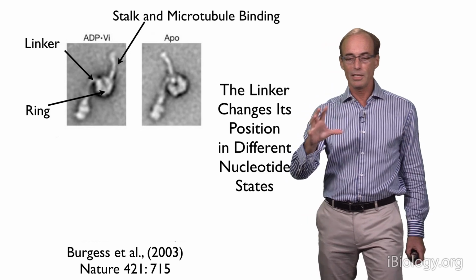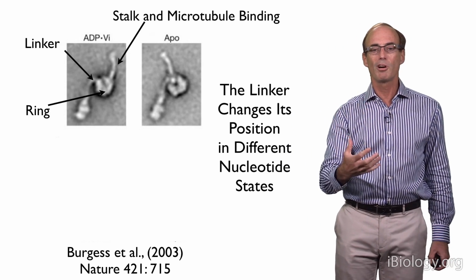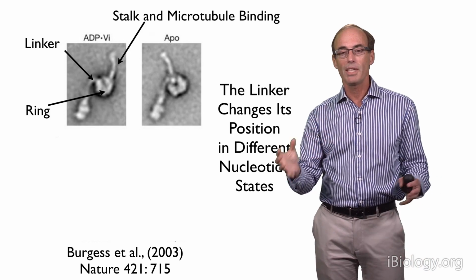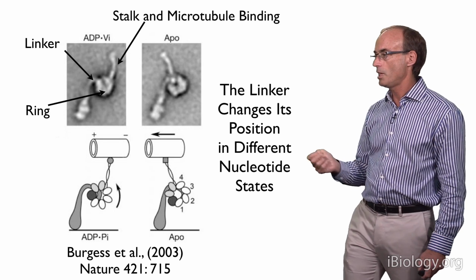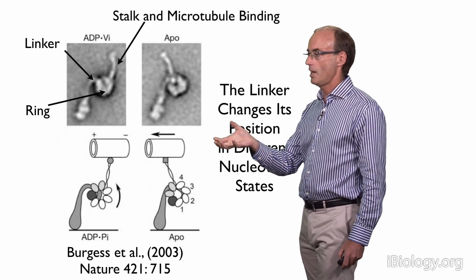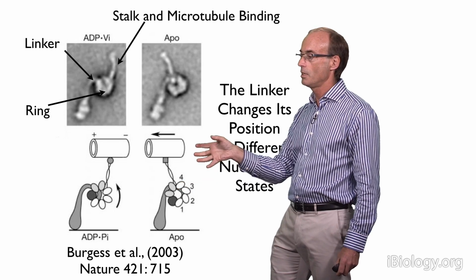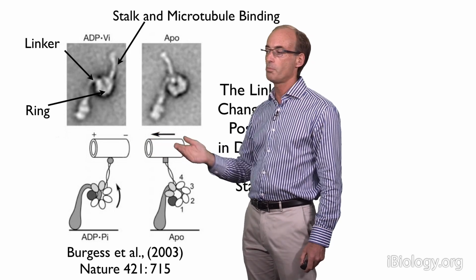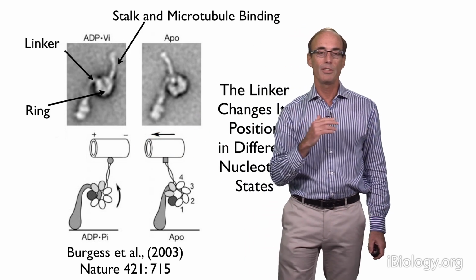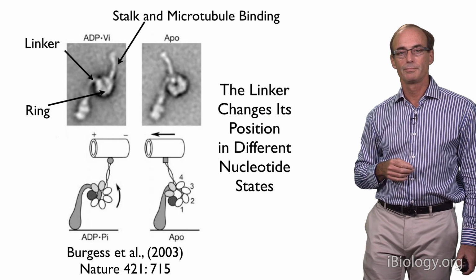And they thought that this motion of the linker may act kind of like a lever arm or a mechanical element similar to the lever arm of myosin. So what they proposed is that the motion of the linker relative to the ring might be able to generate a force upon a microtubule that would cause it to slide. And I'll come back to this later.